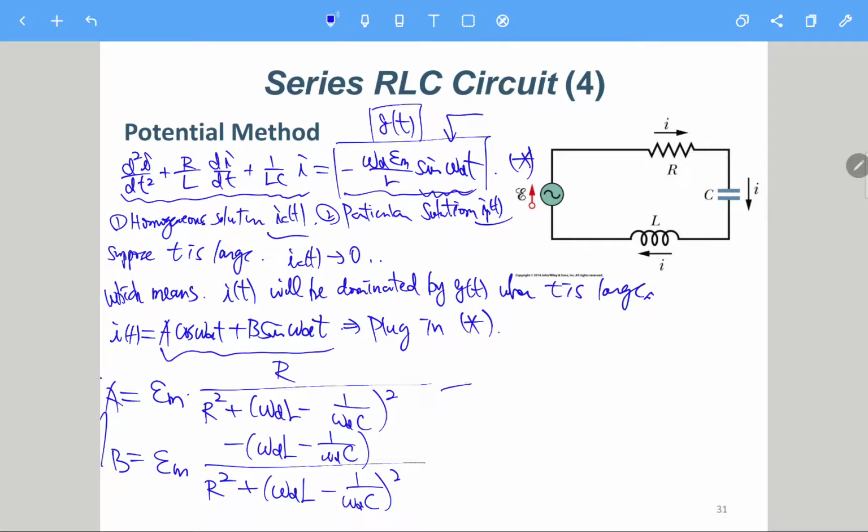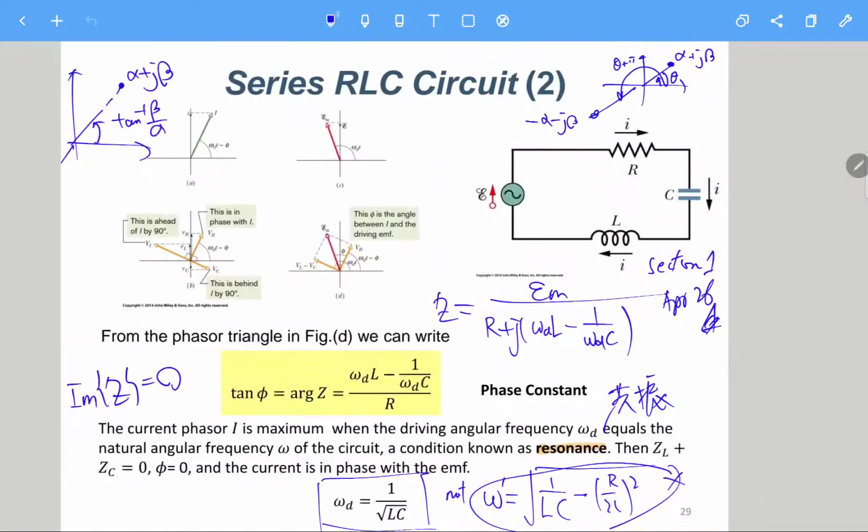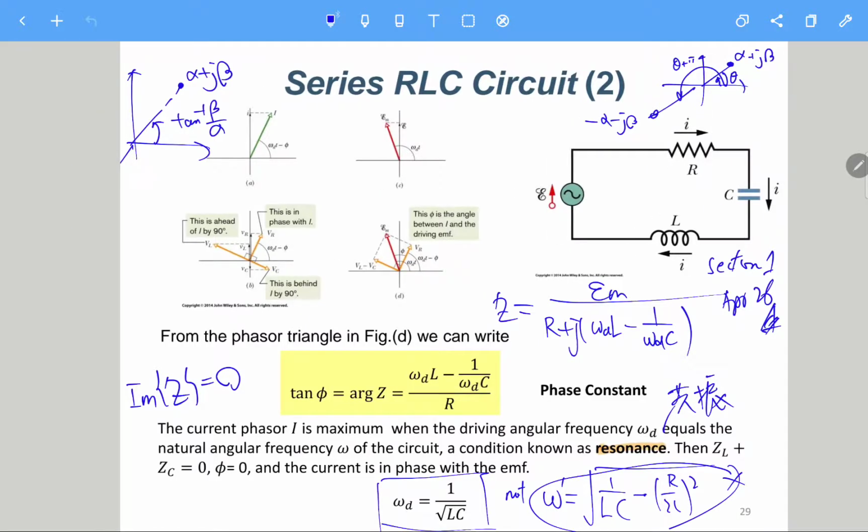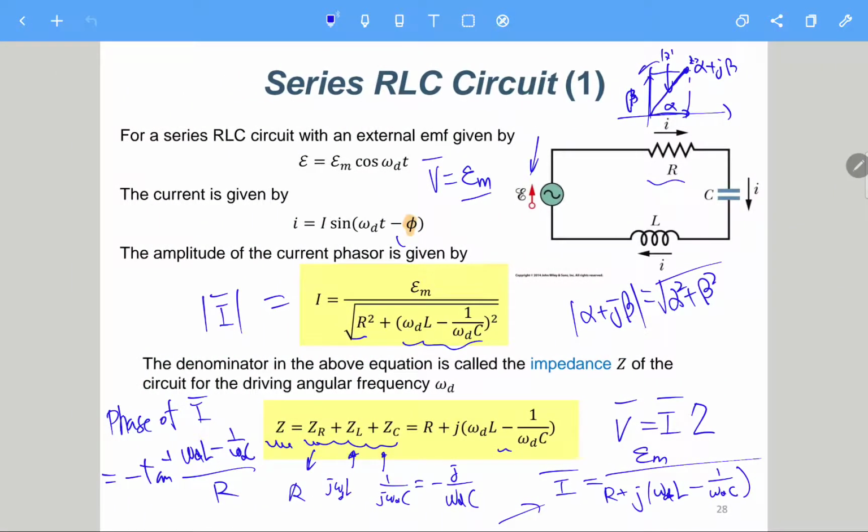So as much as we have this A and B, you can find that A and B is actually the real part and the negative imaginary part of the phasor. Yeah, of course the phasor is like this expression.